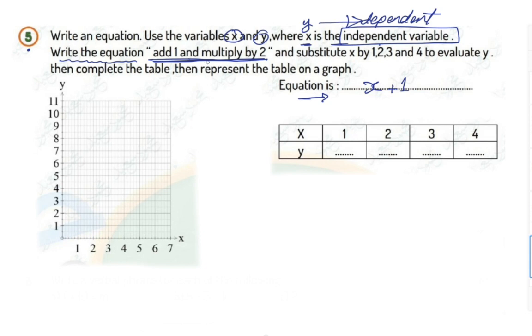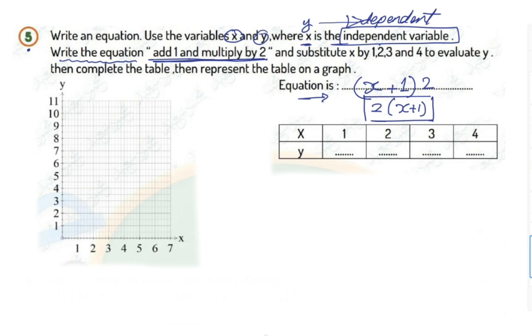Then multiply by 2. The right way to write this equation is to write the 2 to the left of the parenthesis, 2(x + 1). So our equation is this one.